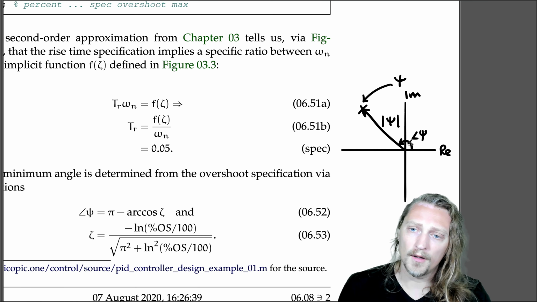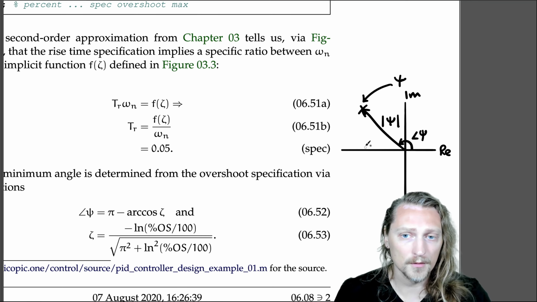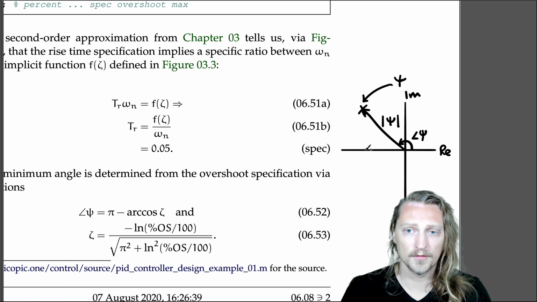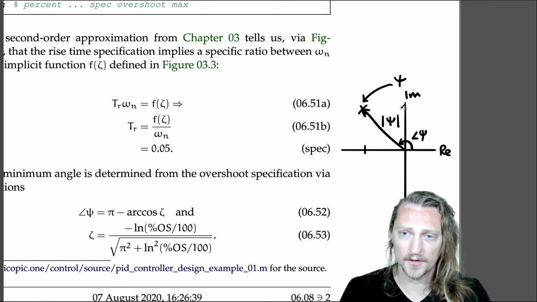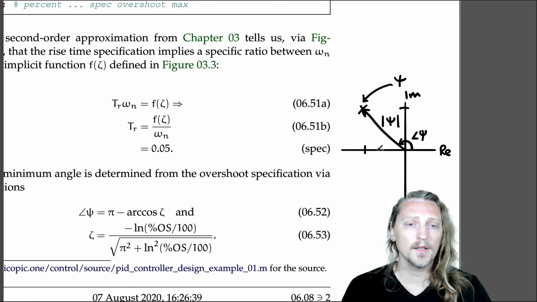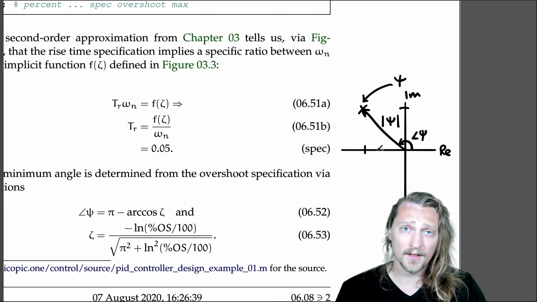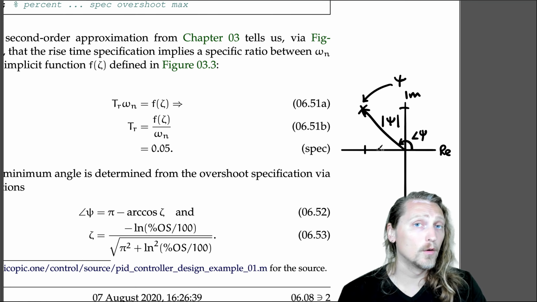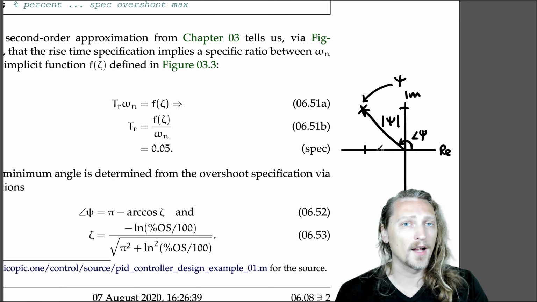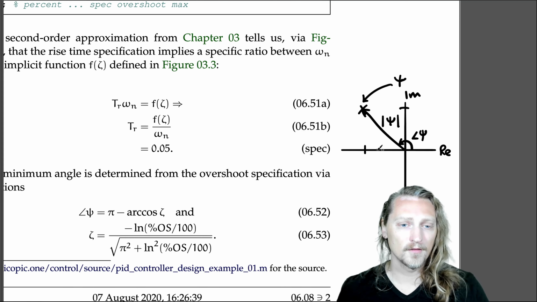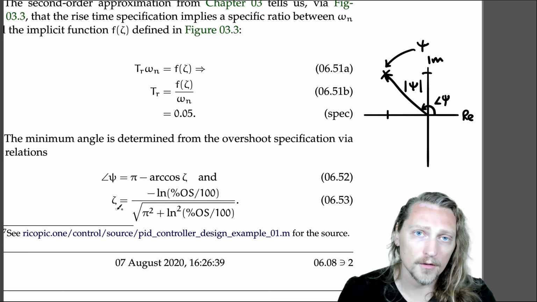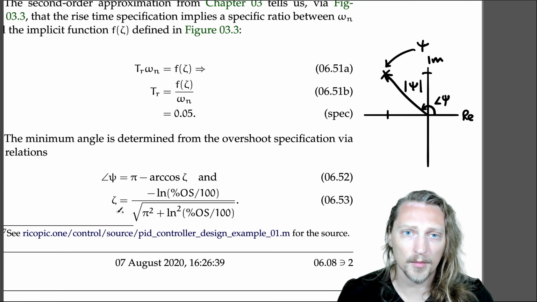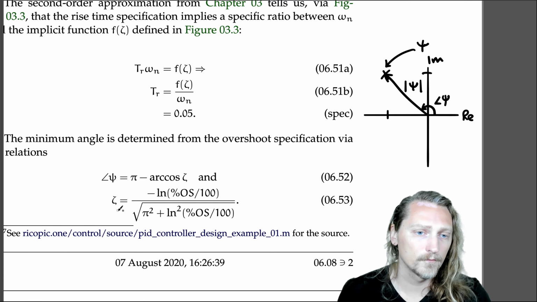And we also would like to know, of course, the real and imaginary parts, which are given as the real axis coordinate and then the imaginary axis coordinate for this psi. So since we're given the percent overshoot, the percent overshoot actually specifies via equation 6.53 what the damping ratio should be, assuming a second order approximation, which is again from chapter 3.